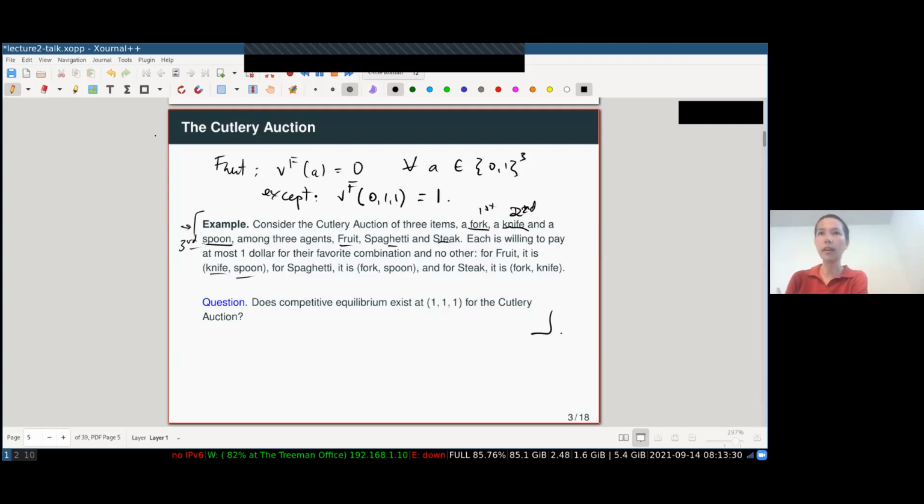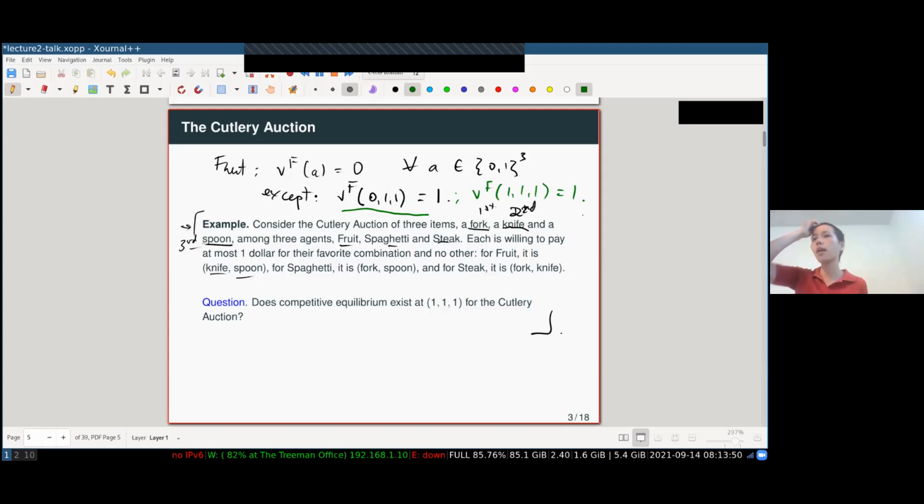Okay, so I made a small mistake here. This will be 0 at all points except that fruit would be okay with two points. He's okay with this one, and he's also okay with anything that contains the favorite items. So this would also be 1.